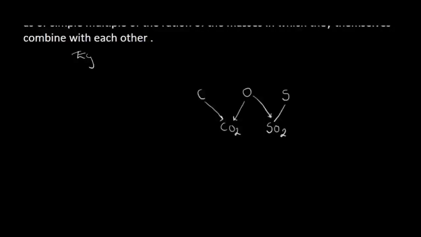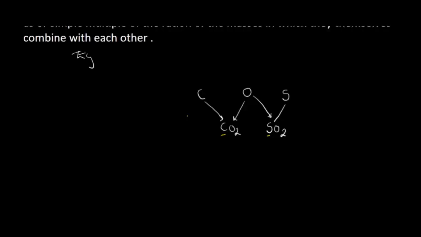So if you look at the way in which they combine, you can see that the two elements, carbon and sulfur, are combining with the third element, oxygen, which has a fixed mass.